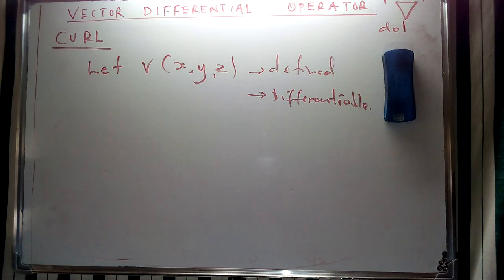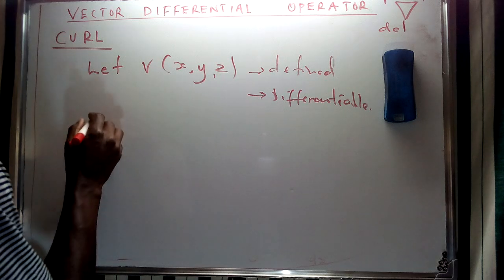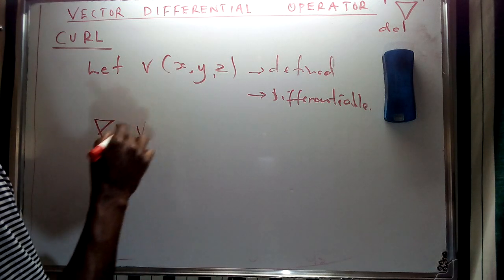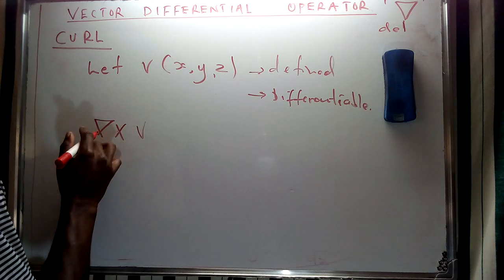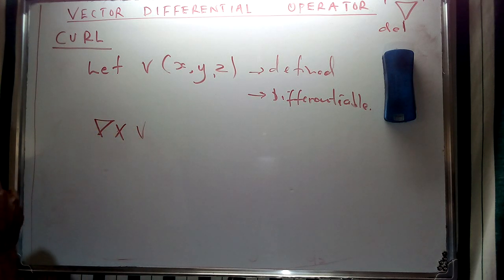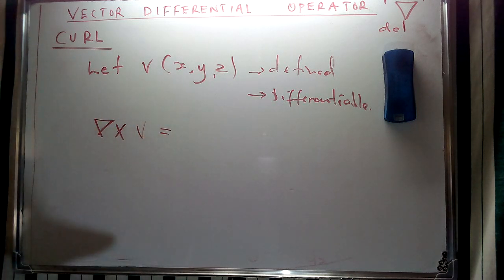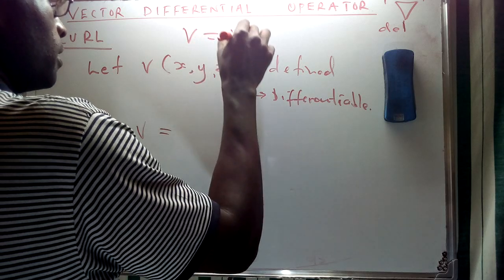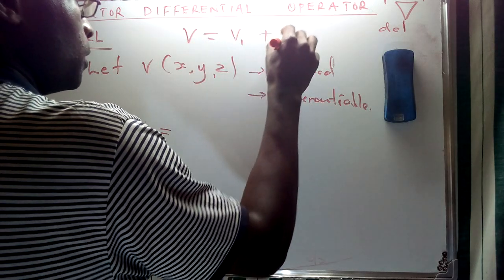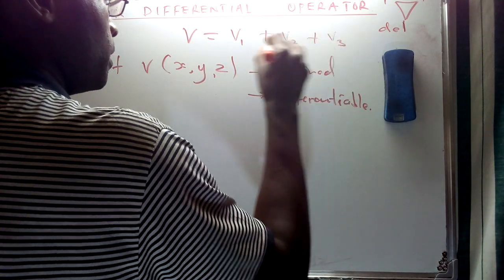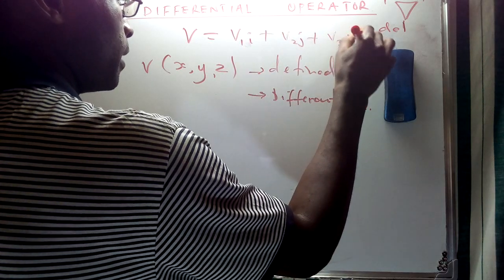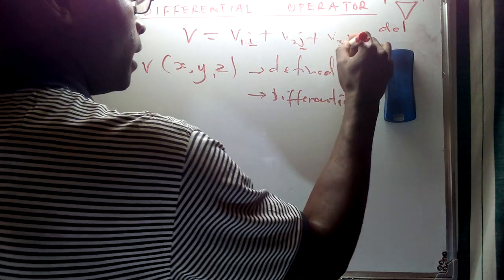Then we can define the concept of a curl using del and v by giving it as del cross v. So in this case, we can give v in terms of its components, as I said. So v is going to be represented as v1 i plus v2 j plus v3 k, with the components i, j, and k being vectors.